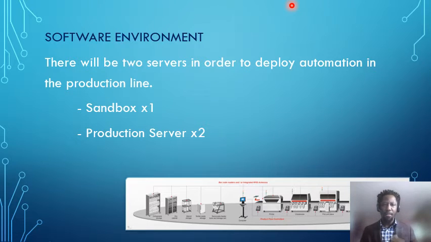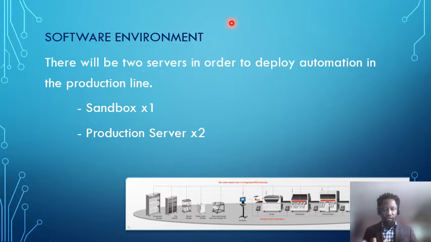Also, we are going to have two Intel Xeon Bronze 3204 processors in it, because we need everything as fast as it could be, so we need a very fast processor. We're going to have 32 gig RAM, and into each of them, one set of RAID 1 storage media, which is going to be 480 gig SSD.